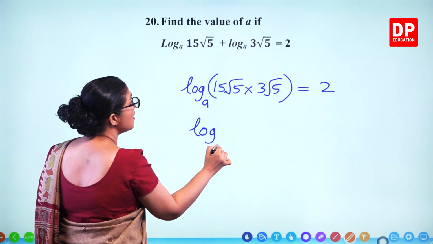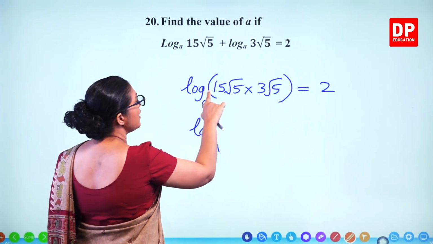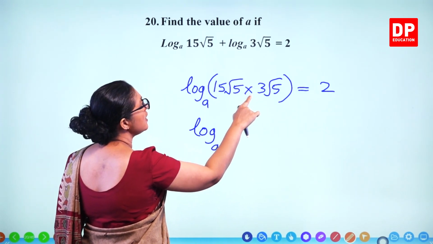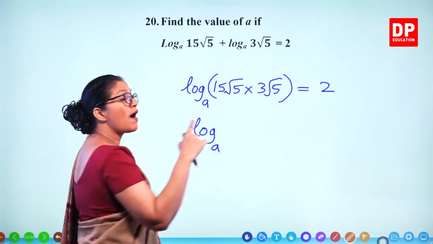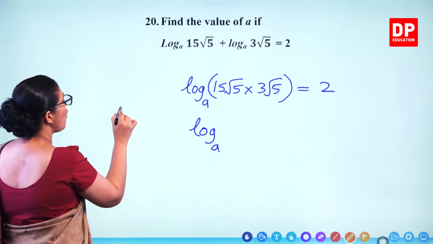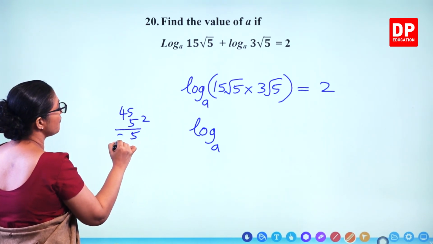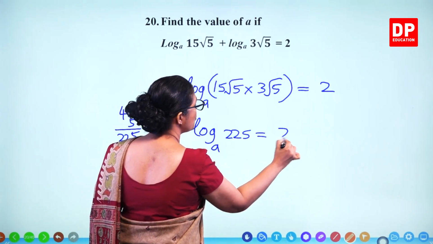Because all these are in same base, that's why we can add. We can multiply this. 15 times 3, 45. 45 times 5. Root 5 into root 5, 5. So 45 into 5, 225 is equal to 2.